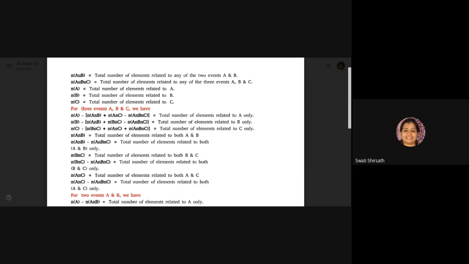The sets with which B is combined, you have to write down: B is combined with A and C. Then you add A, B, and C. Then again, when you calculate only C, you deduct the values of C when it is combined with B and A, and you add when it is combined with A, B, and C. So this is how we calculate the values using the formula.